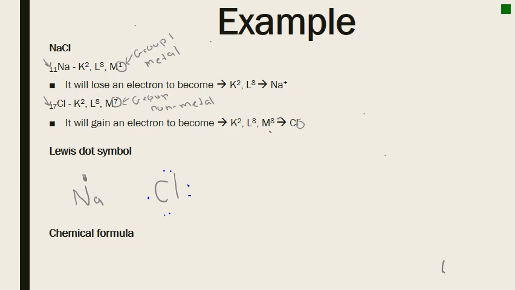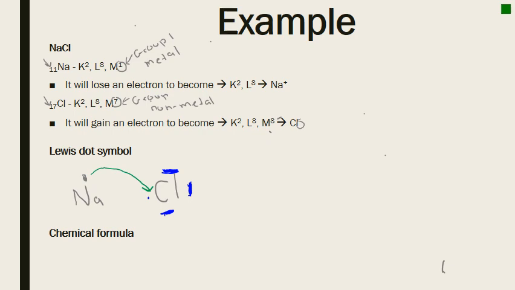To make it easier for us, we can join those 2 dots like this. Okay, the line's a bit thick here, but it's not meant to be that thick. And what we do now is this Na will give its electron to the Cl.